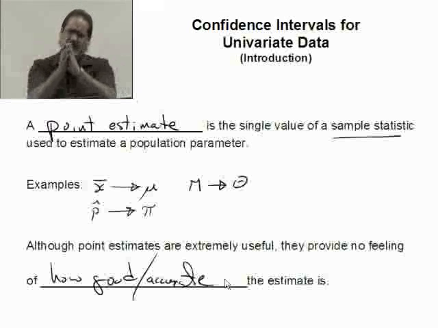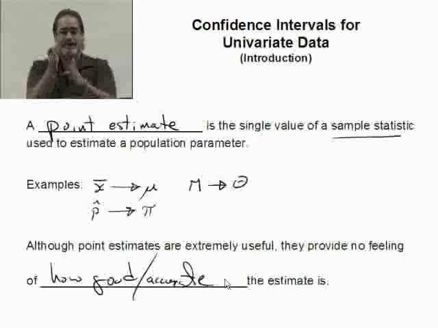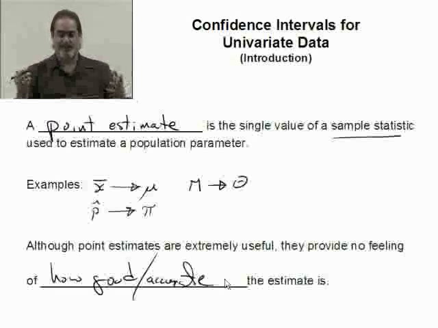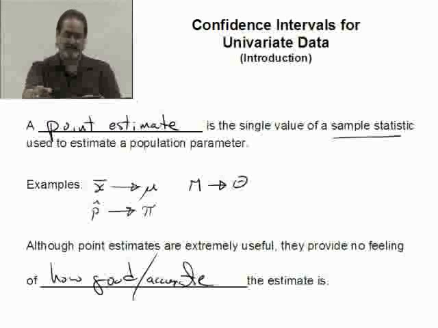But that single value really doesn't tell us anything about how accurate or how reasonable it is. If we add to it the idea of an interval estimate, 54% plus or minus 2%, now we get a feeling of how good or how bad this estimate actually is.